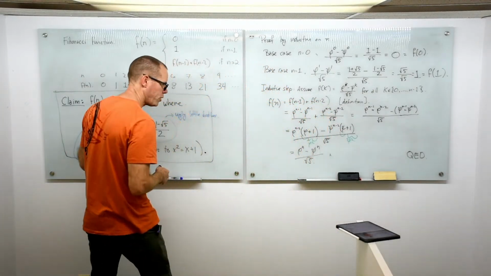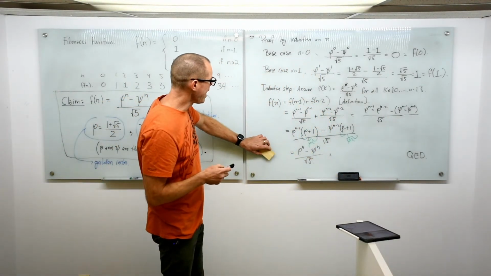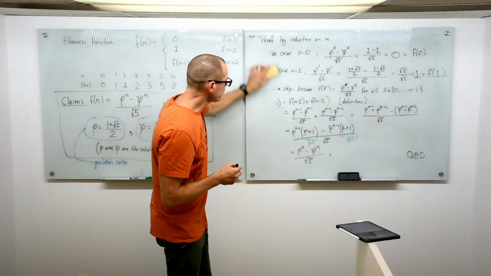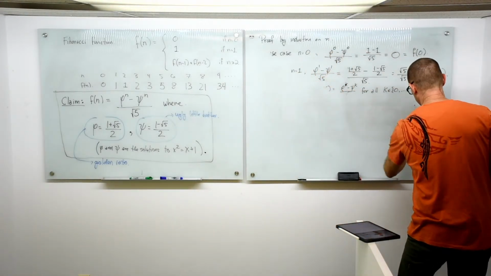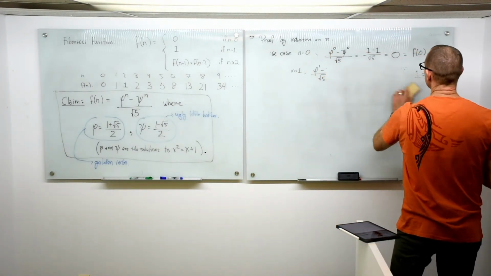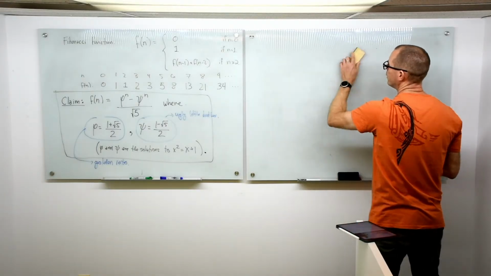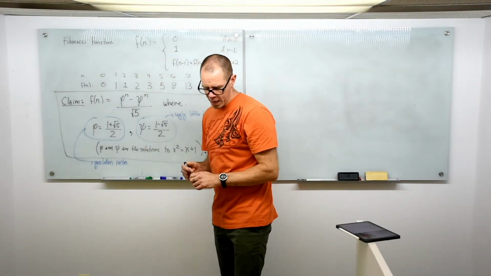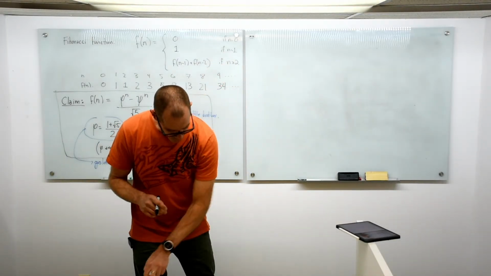Because these Fibonacci numbers come up so much, it's worth maybe understanding a little bit about this thing. I think the main thing to point out is the actual numeric values of phi and psi.